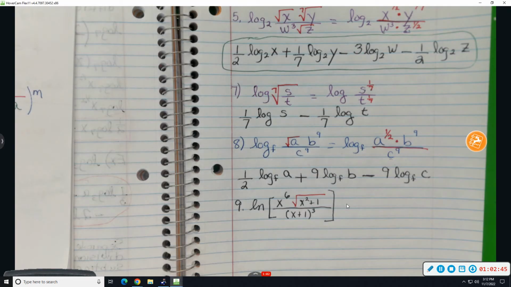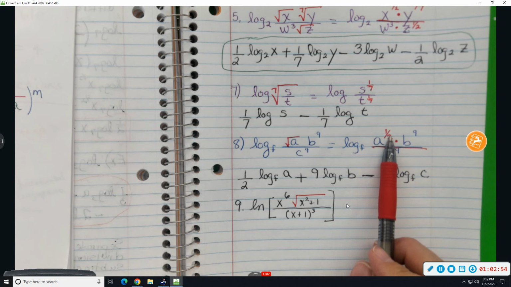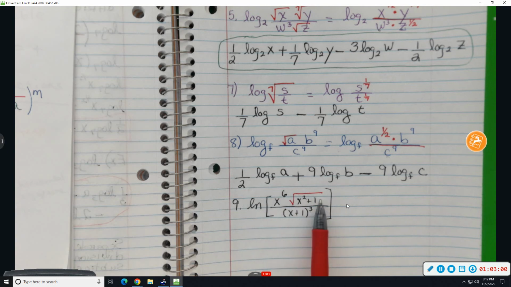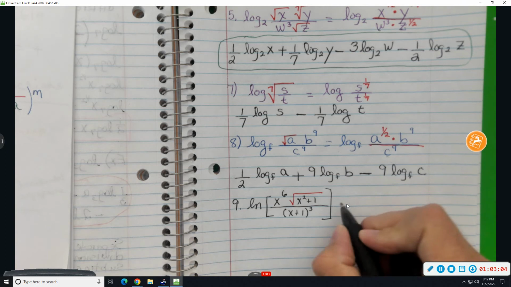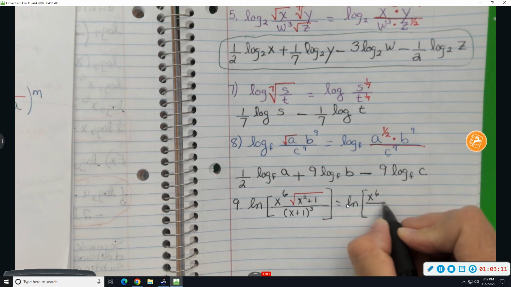Well, this has a square root in it, so the first thing we have to do, if there's a square root, you've got to rewrite it with a 1/2 exponent. So what I'm about to do is rewrite this messy stuff right here, putting a 1/2 exponent. Let me show you. ln x to the 6th.